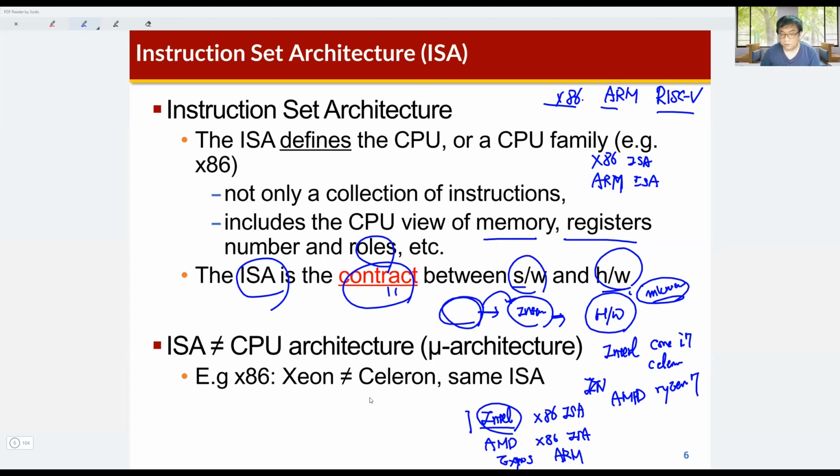The Xeon architecture is different from the Celeron microarchitecture, and Xeon is more powerful than Celeron. So microarchitecture also decides the performance of the CPU or processor. You need to remember that the instruction set architecture is different from the microarchitecture of the CPU.